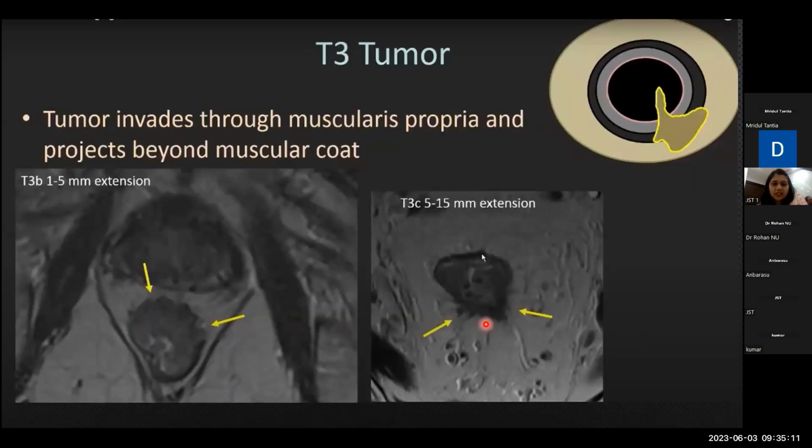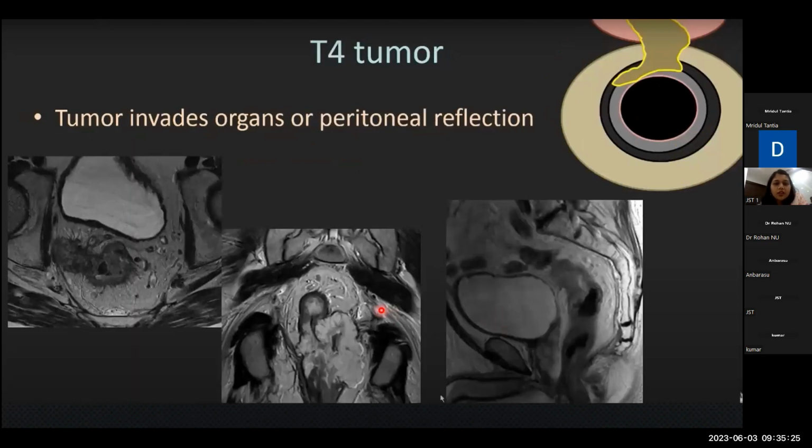We'll see that usually desmoplastic reaction is linear strands, while the tumor infiltration is nodular, with the same intensity as the tumor, the nodular projections beyond the muscularis propria. The T4A is a very aggressive tumor invading the peritoneal reflection, invading the organs.